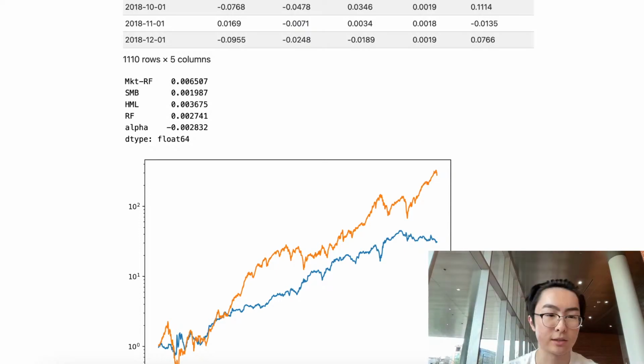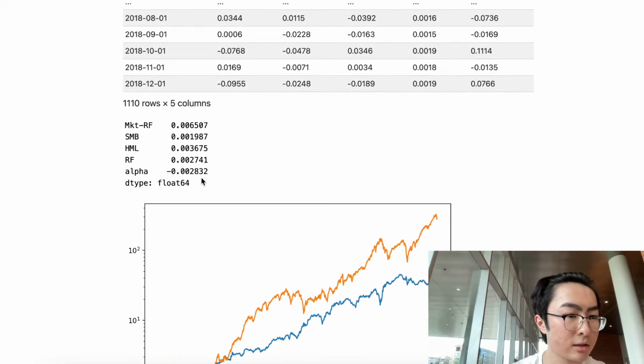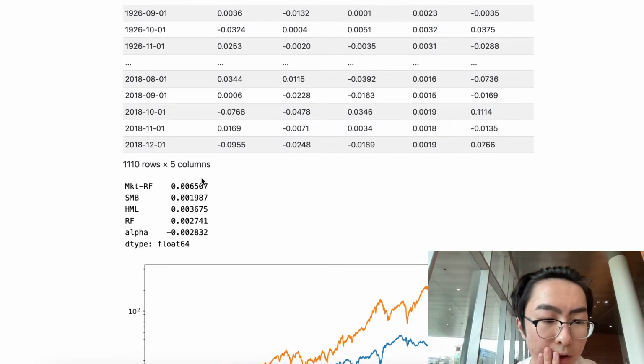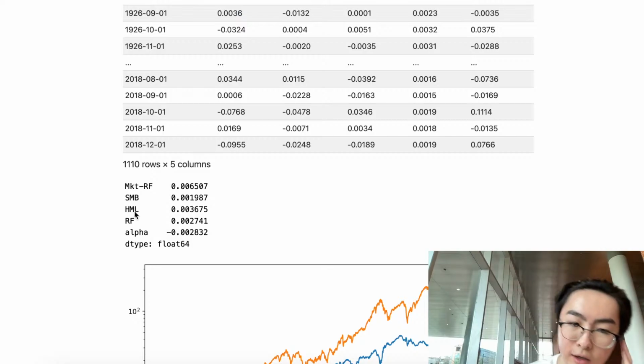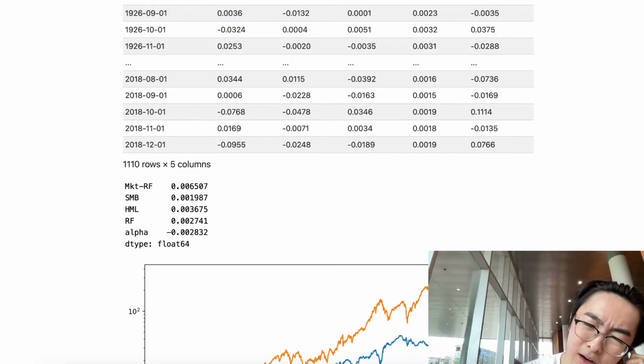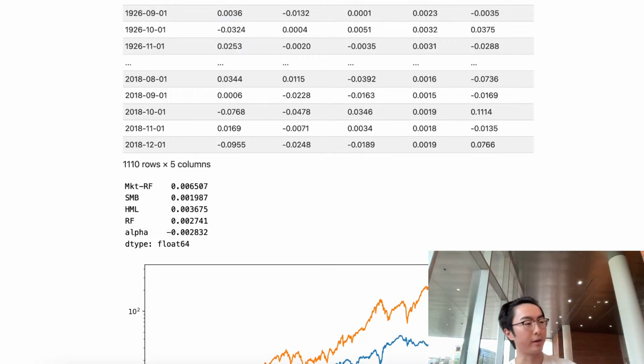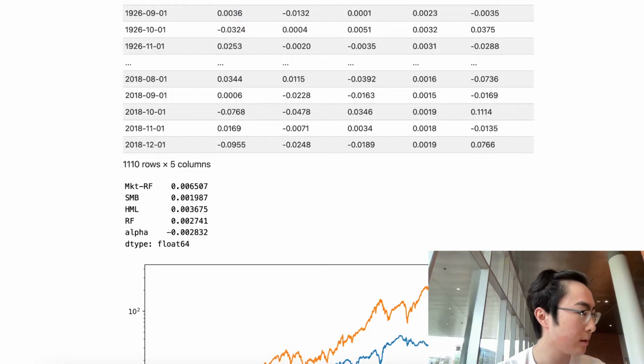Multivariate in the sense that we want to try to predict. Well, actually, what if we try to run a regression on HML and market RF? So we could use HML as our independent variable and the market risk premium as our dependent variable. And let's see what that gives us.